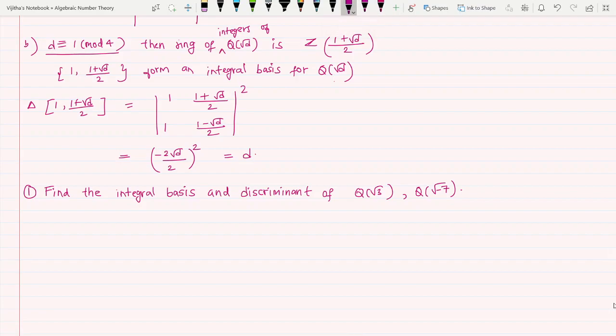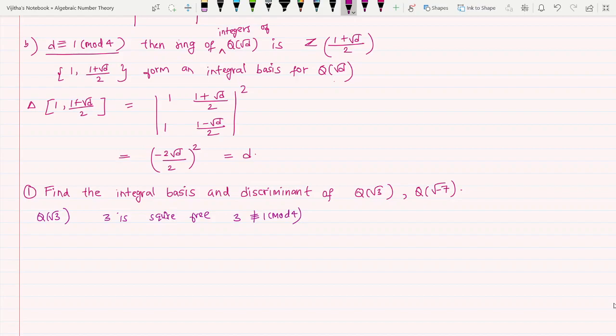So first we will see Q of root 3. We know that 3 is a square free number, and also 3 is not congruent to 1 mod 4. That is, 3 minus 1 is 2, which is not a multiple of 4.